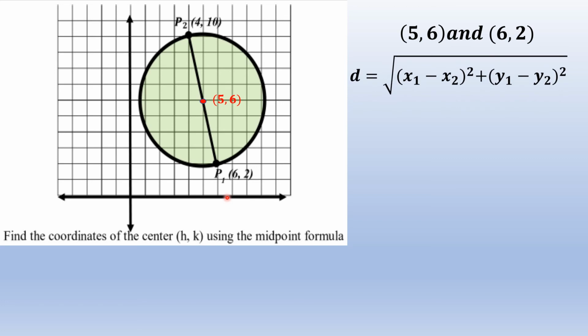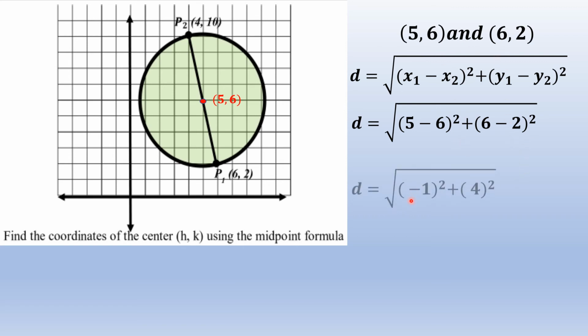So, the formula for finding the distance is equal to the square root of (x of 1 minus x of 2) squared plus (y of 1 minus y of 2) squared. So, the distance is the square root of (5 minus 6) squared plus (6 minus 2) squared.